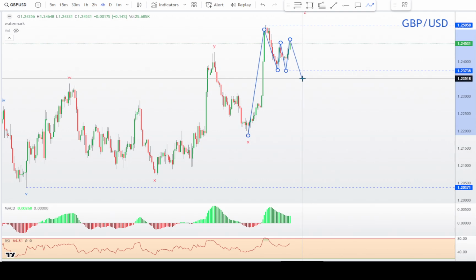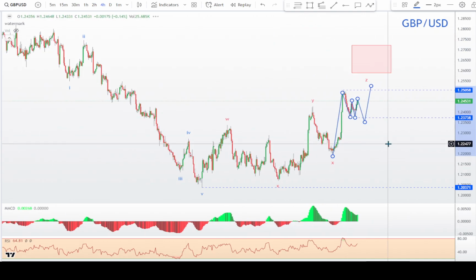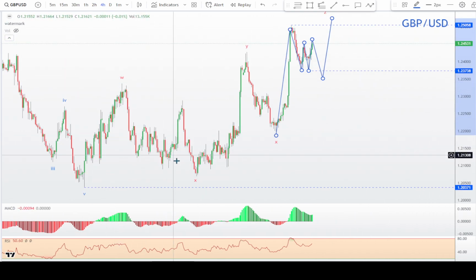Maybe this is B. They'll come down one more time. So if you're not already in the pound, I wouldn't be a buyer really up here where it's at 124.5, because at any moment when they break this high, that WXYXZ could be done. So we'll have to see. Now there is a possibility that instead of WXYXZ, the pound is actually going to be a leading diagonal.